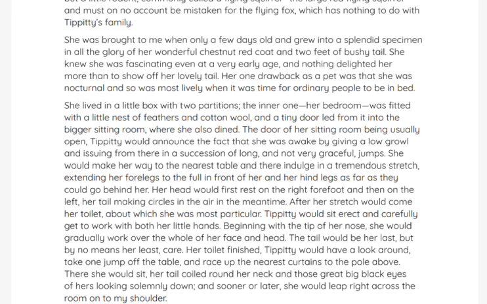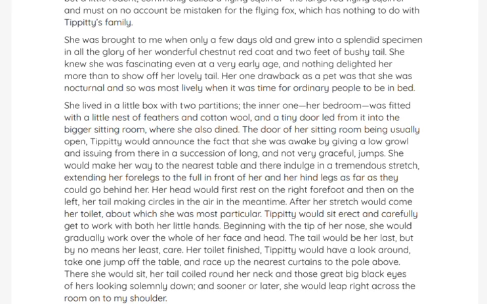Let's continue. She lived in a little box with two partitions. The inner one, her bedroom, was fitted with a little nest of feathers and cotton wool, and a tiny door led from it into the bigger sitting room where she also dined.